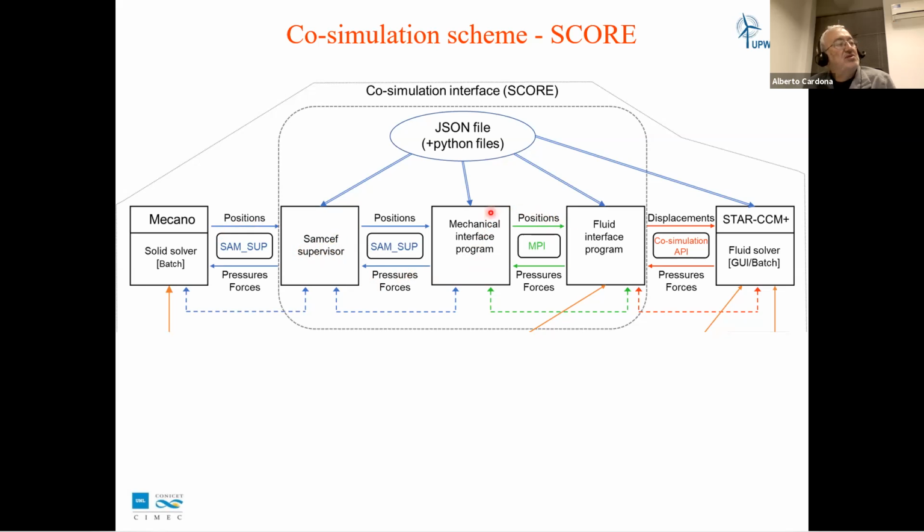We developed these two pieces of software here, which are the mechanical interface program and the fluid interface program. The mechanical interface program communicates with the SAMSEF supervisor, and the fluid interface program communicates with Star-CCM Plus using the Cosimulation API.